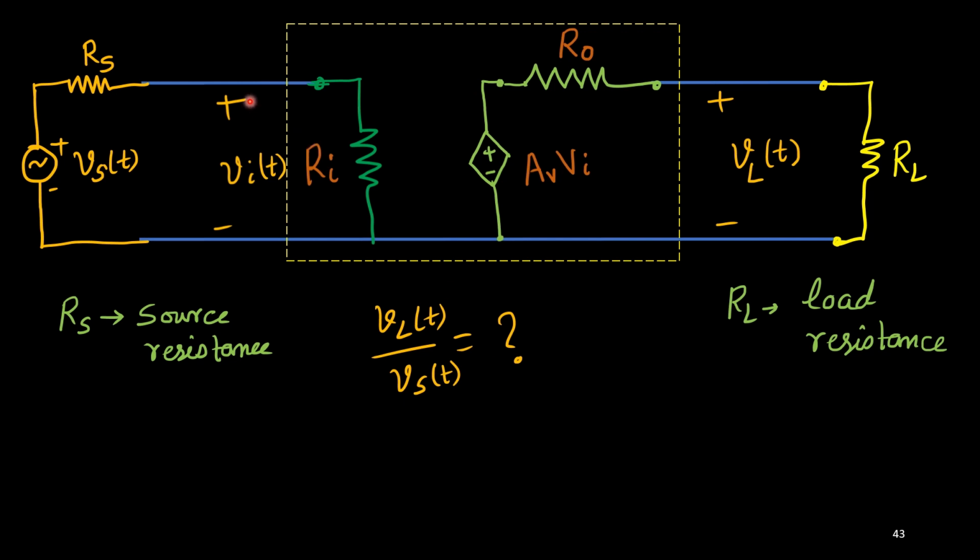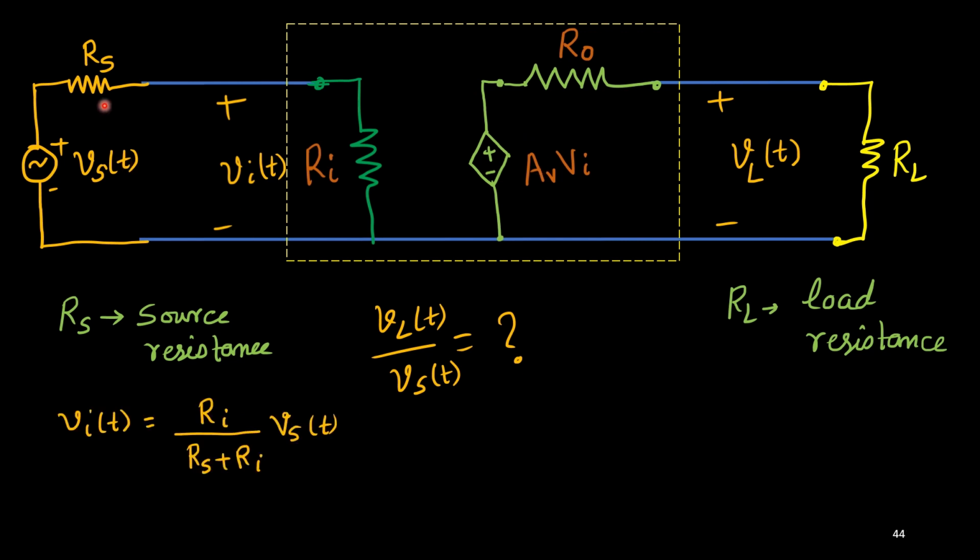Note that in the open load condition, if RL is not connected, then VL will be the same as AV Vi, so the ratio cancels and you get only AV. But whenever a load or source is connected, you may not get the same gain AV. That we want to discuss right now.